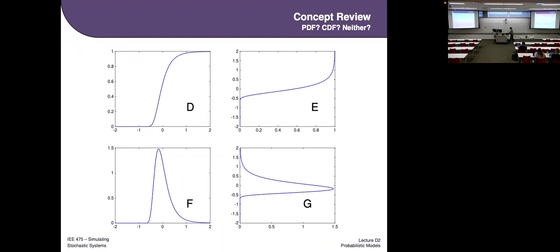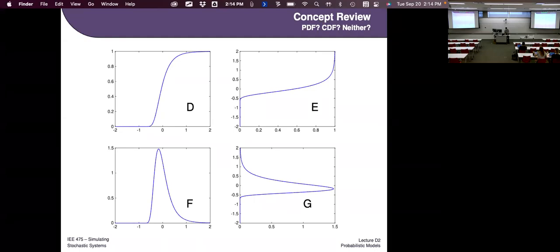Actually might be able to do some Zoom magic here. I can, there we go. All right, so D we said is our CDF.